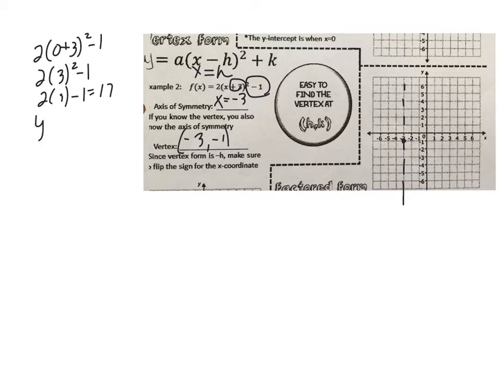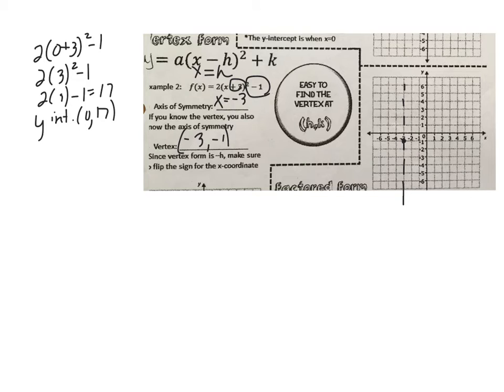So my y-intercept in this case is (0, 17). I can't graph that. That's way too high on my graph for me to deal with. And so the only point right now that I have on my parabola is the vertex.